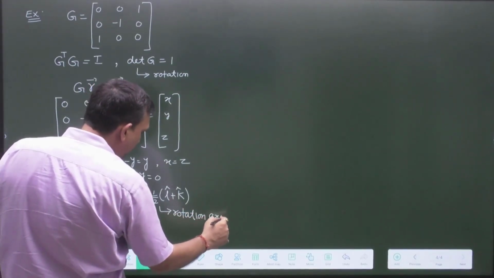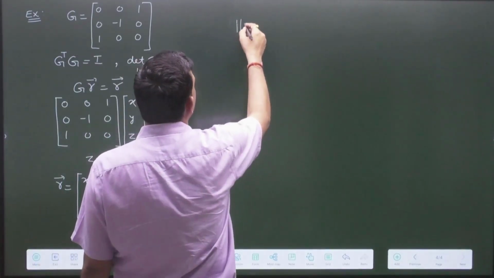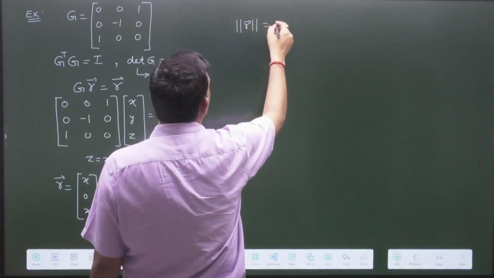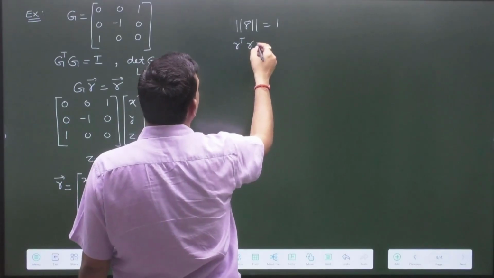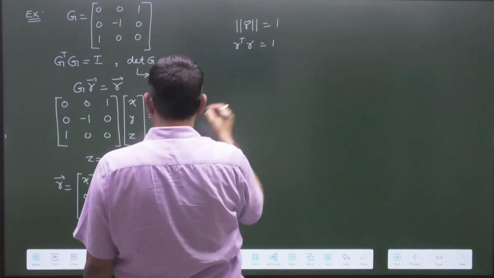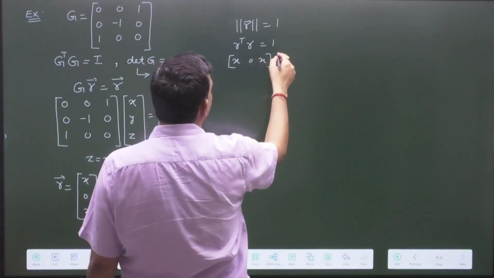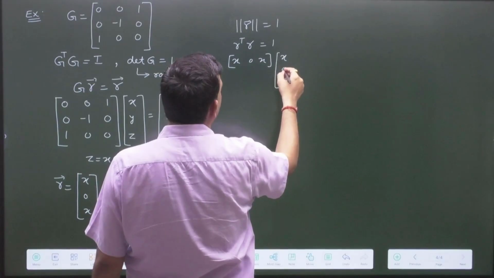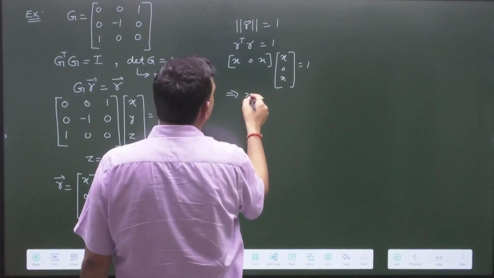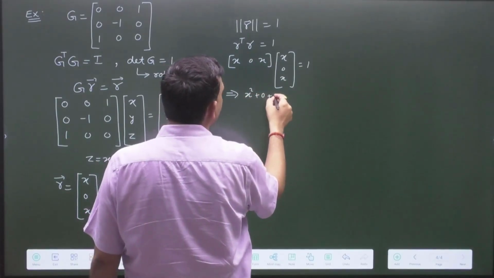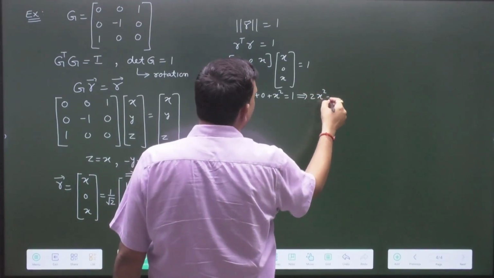If you want to normalize a vector, its norm should be 1. So norm means you have to take R transpose R. This should be 1. So R transpose is X 0 X, and this is X 0 X. So this will give you X square plus 0 plus X square is 1. 2x square is 1.